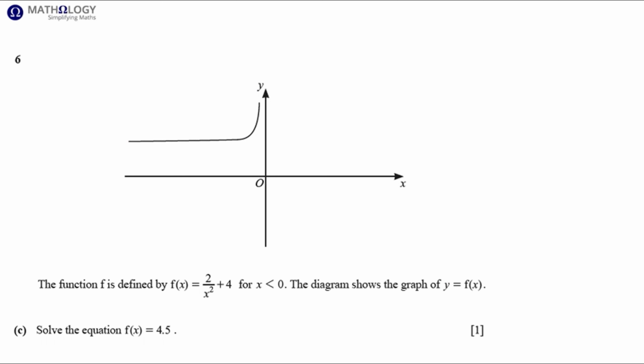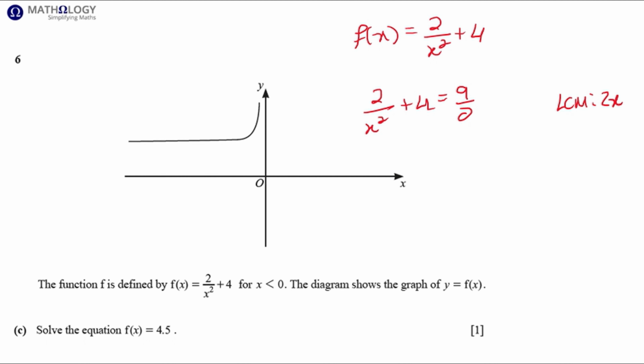Next, we're required to solve the equation f of x equals 4.5. So 2 over x squared plus 4 equals 9 over 2, which is 4.5. The LCM is 2x squared.